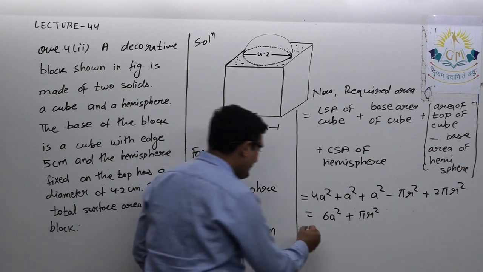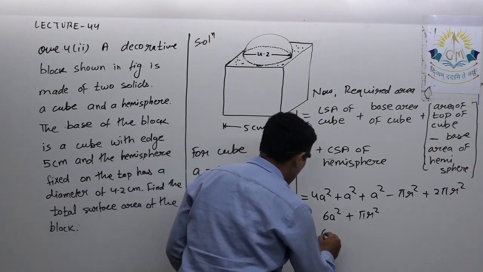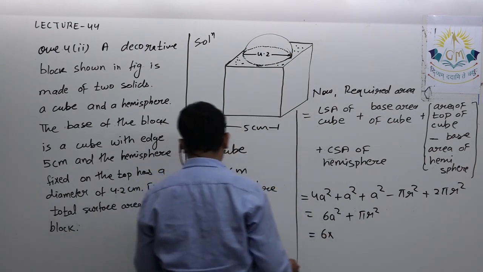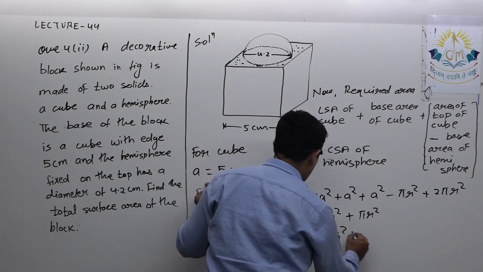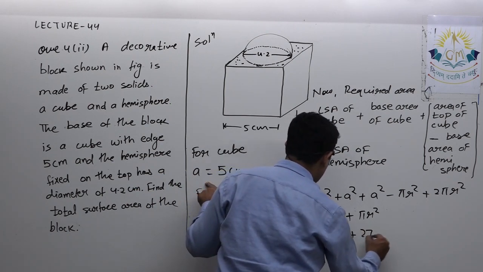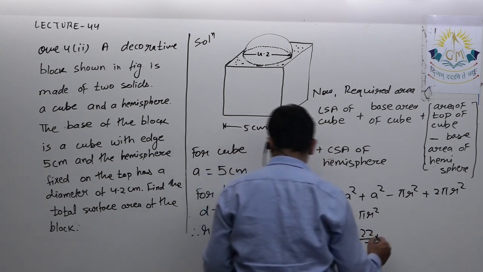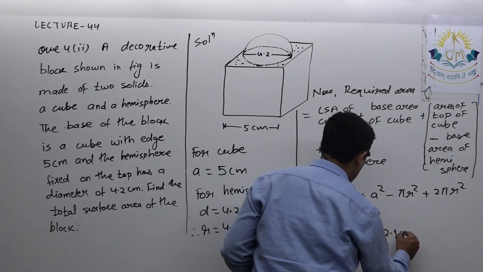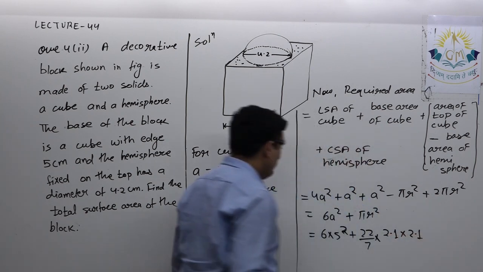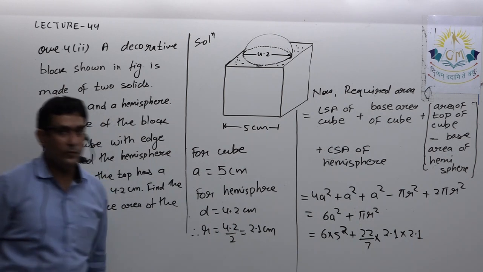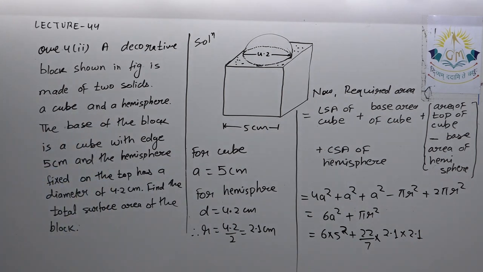Now over here, I just have to put the values. So 6a square, now a is 5, so 5 square plus 22 by 7 r square. R is 2.1 into 2.1. So note it down up to this point, then I will give you the remaining solution.